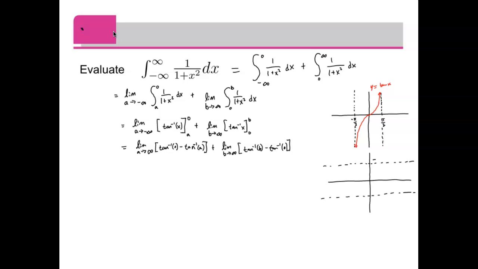So this is pi over 2. This is negative pi over 2. Right? And there's the graph of inverse tangent. And that'll help us to analyze what's going on with these limits, okay?